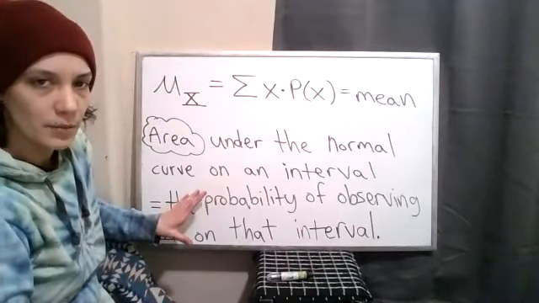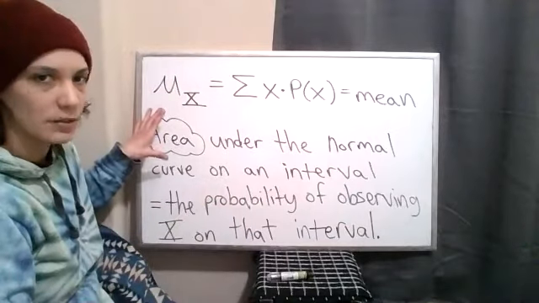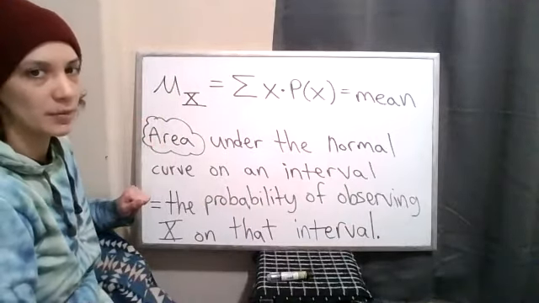So we'll use probabilities and match them with areas under the normal curve to solve our problems.